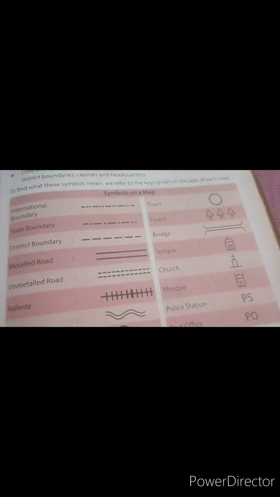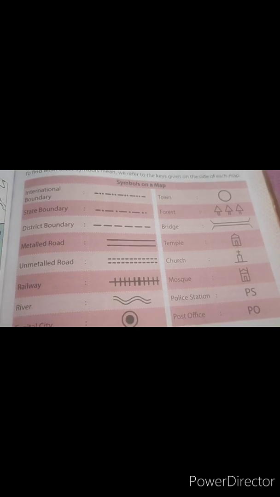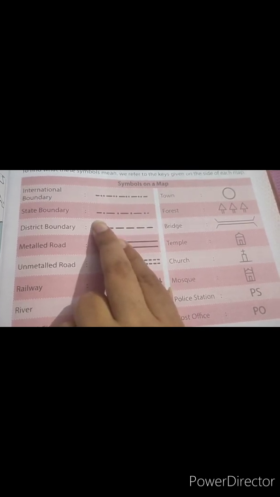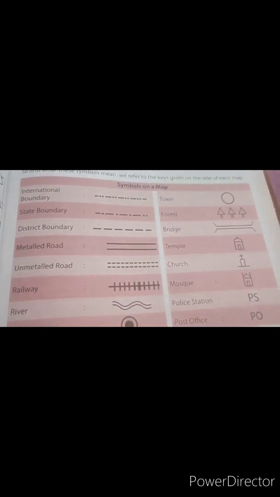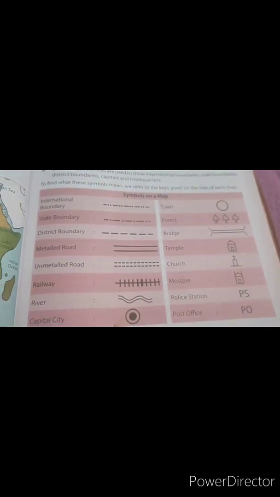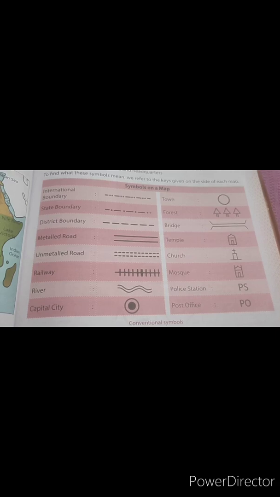Here you can see the symbols which we use on a map. This is the symbol of international boundary. This is the symbol of state boundary. This is the symbol of district boundary. So many symbols are there.